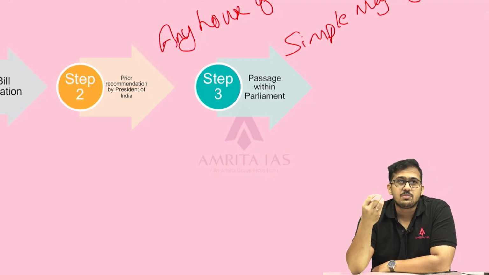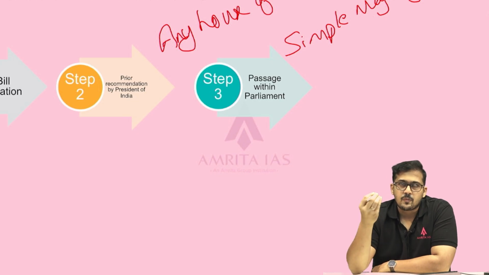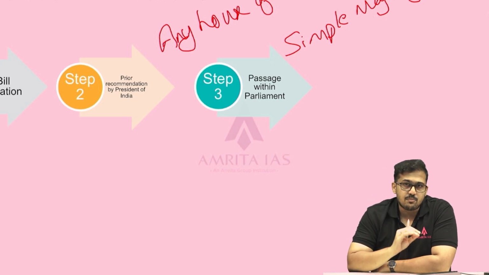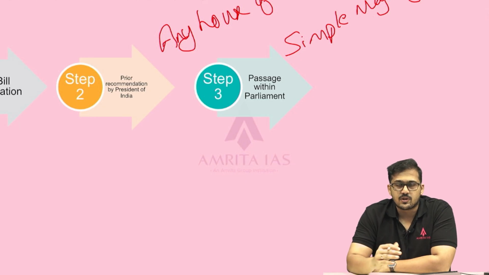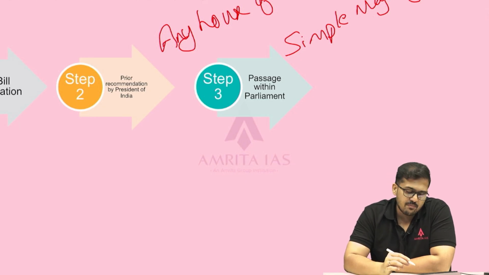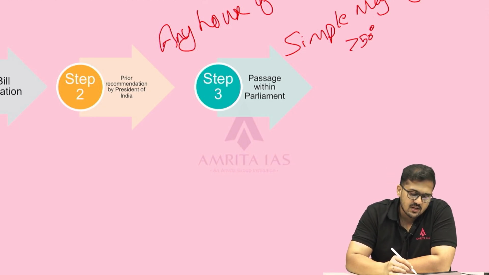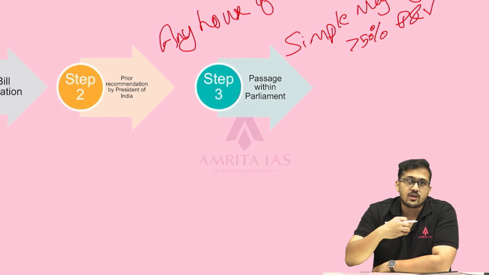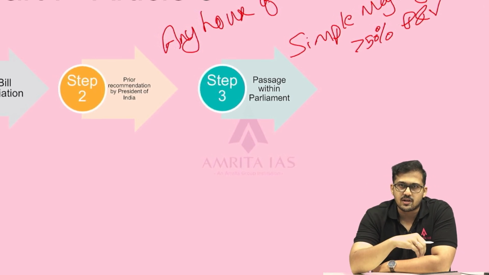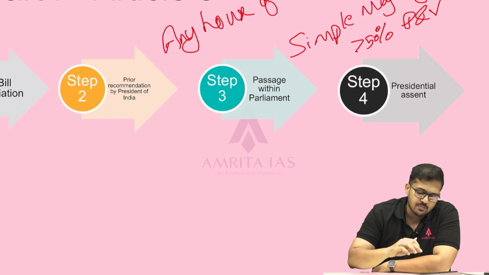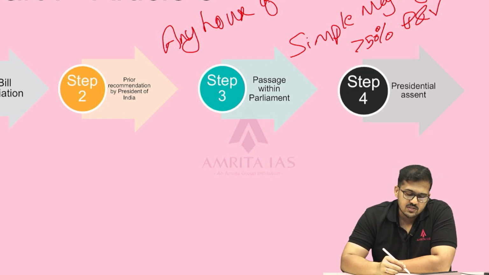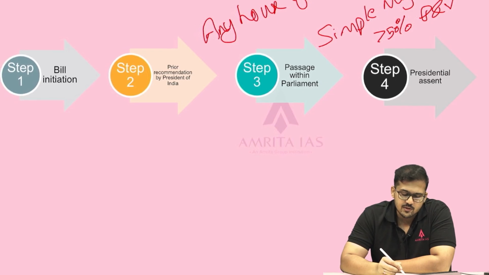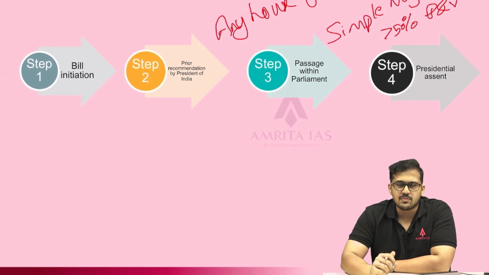Both Lok Sabha and Rajya Sabha have to pass it separately, by a simple majority, that is more than 50% of the members present and voting. As simple as that. Once the bill is passed by the Parliament, it should be sent to the President, and once the President gives assent to the bill, the bill becomes an act of law and the change will be implemented.